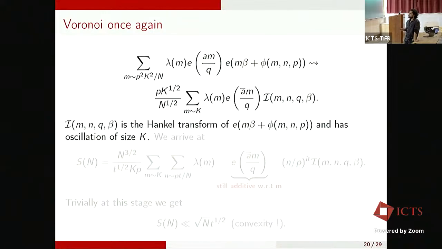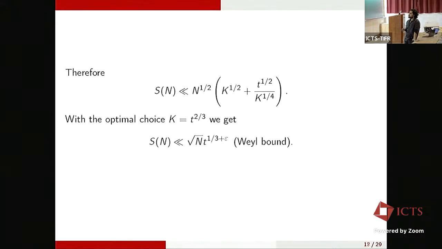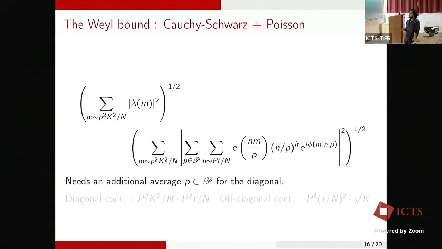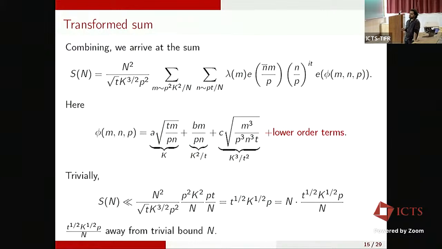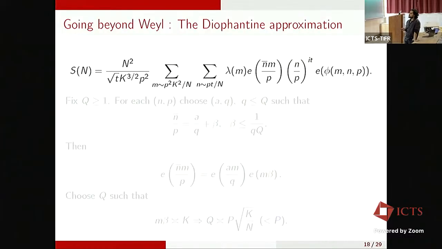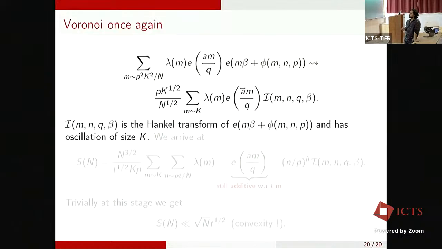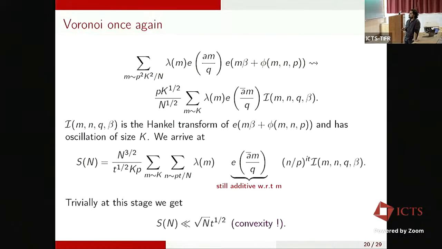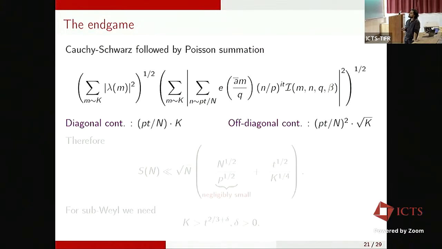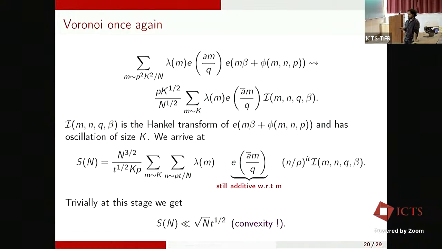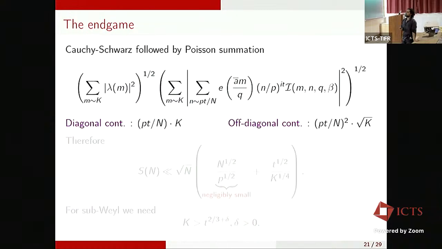If you recall, in the earlier work, we were away from the boundary by this quantity, which had this factor of p with it. So we needed to take care of this factor p in the diagonal, but now there is no factor p that we need to take care of. So this is why we don't really need the extra average over the modulus.